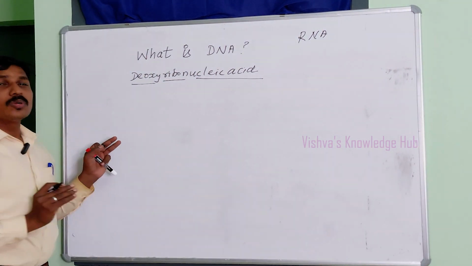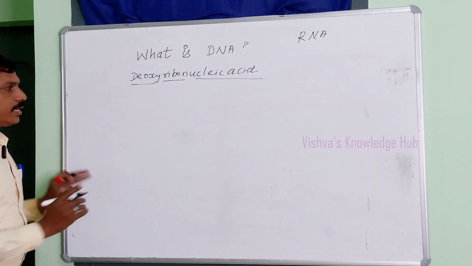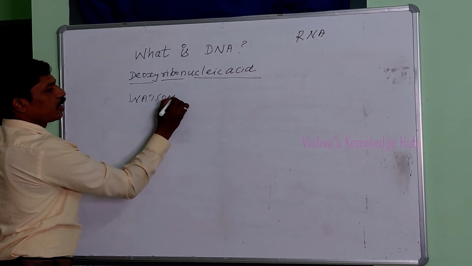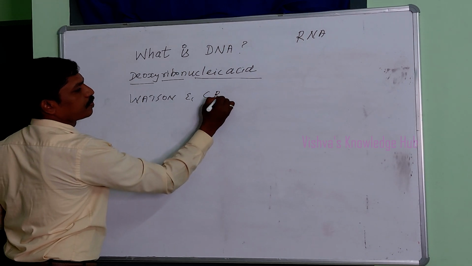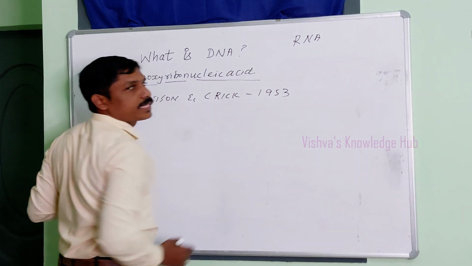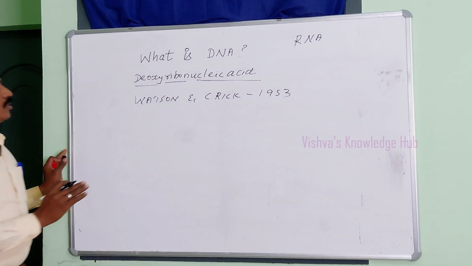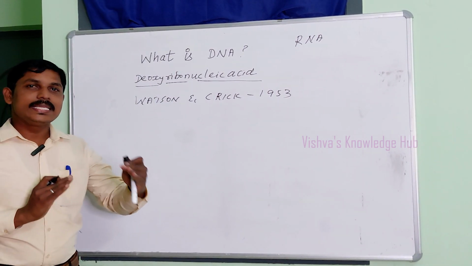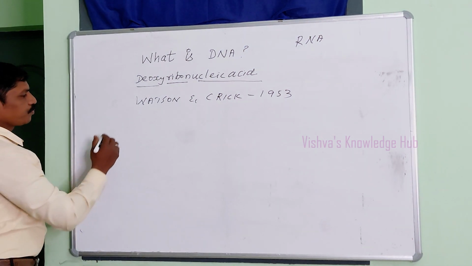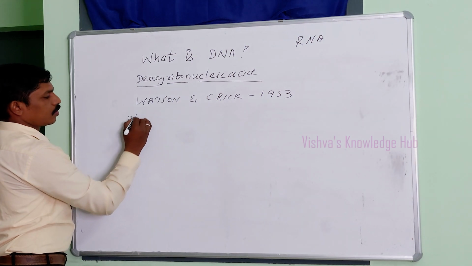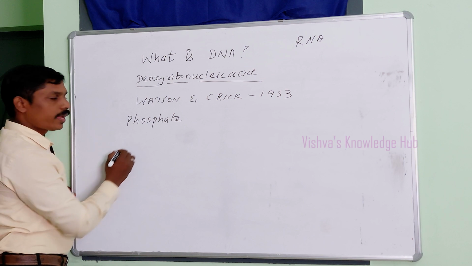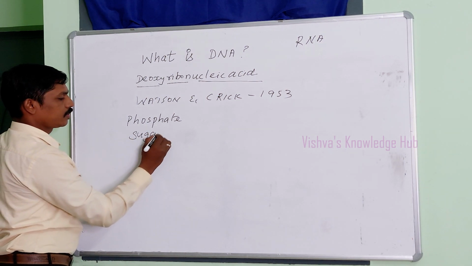So who discovered the DNA? There are two scientists, Watson and Crick. In which year? 1953. So how is the DNA made? There are two chemical substances, phosphate and sugar.